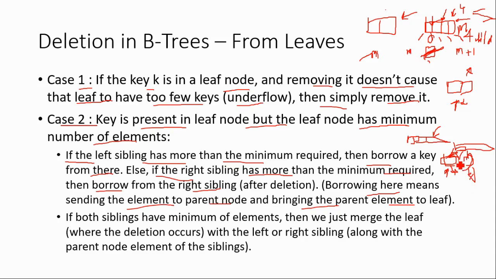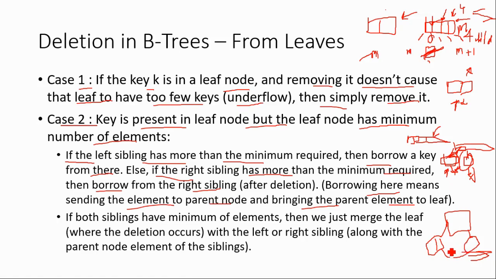So the process would be, we take the required key, and we first send it to the parent. This is getting a bit messy, so I am redrawing it. As I was telling, if we are talking about borrowing a key, we cannot directly transfer to the next node.